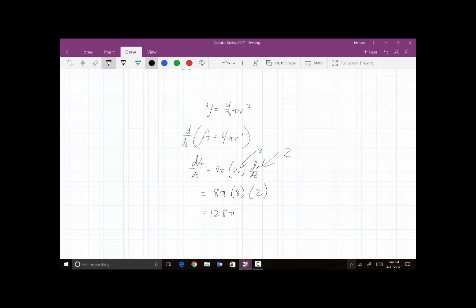And that's dA/dt, which is in square centimeters per minute.